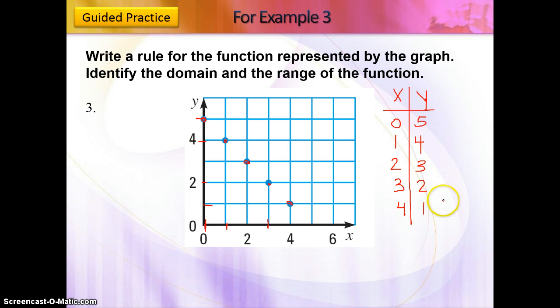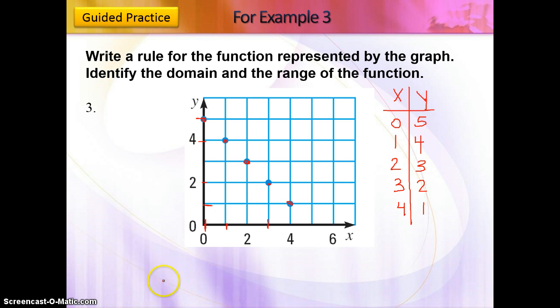So the second step is to look at the relationship between the input, which is the x values, and the output, the y values. As you notice, when x is 0, we have 5.